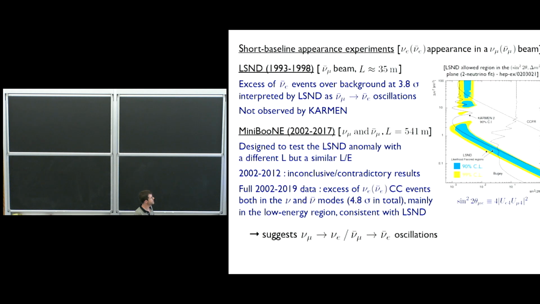So there is this LSND experiment, and the MiniBooNE experiment that was designed to test it first delivered inconclusive or contradictory results, with some excess found in neutrinos and not in antineutrinos, or the opposite, I don't remember. And finally, with the full set of data, they found a low energy excess, which they could fit together with LSND.